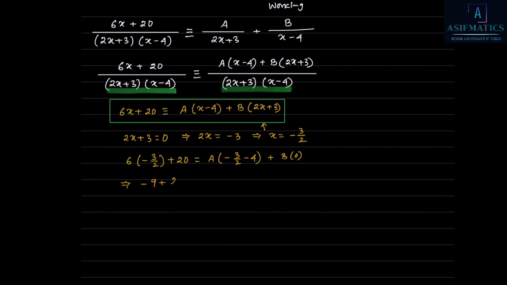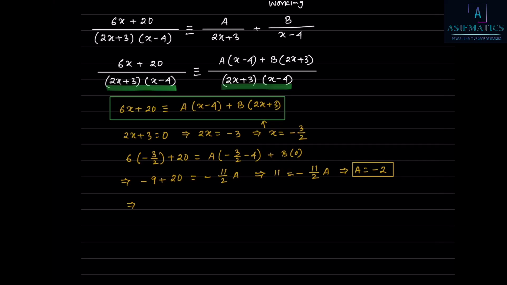Minus 9 plus 20 equals, 3 and 8, so that will be minus 11 by 2 a. Minus 9 plus 20 is 11, equals minus 11 by 2 a. Or a equals, the 11 cancels, so a equals minus 2. So that will be our a value.